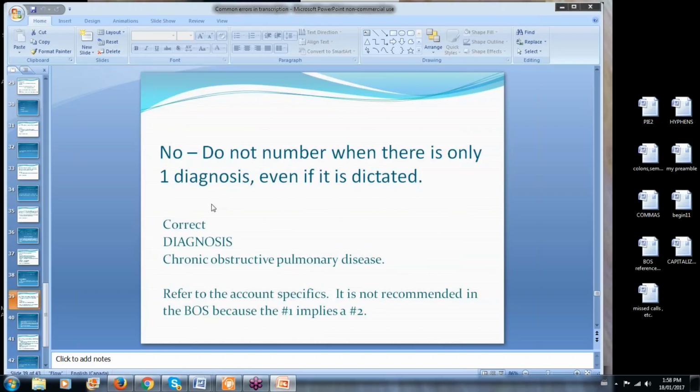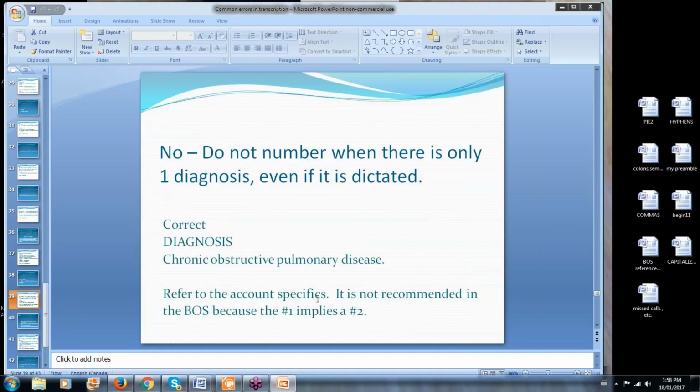And that doesn't just apply to diagnosis. That applies whether it's assessment or medications or whatever. If they say number 1, blah, blah, blah, if there isn't a number 2, then don't put number 1.